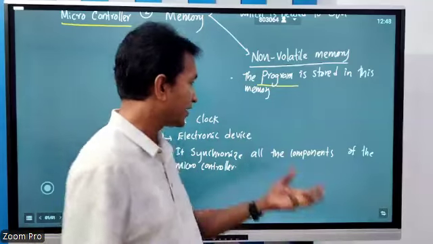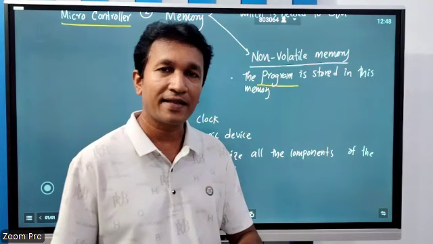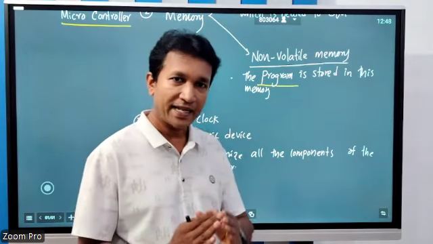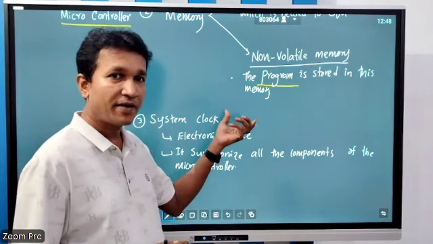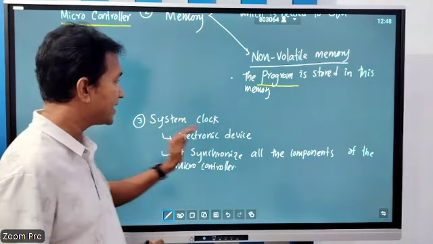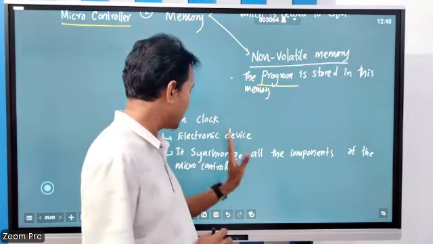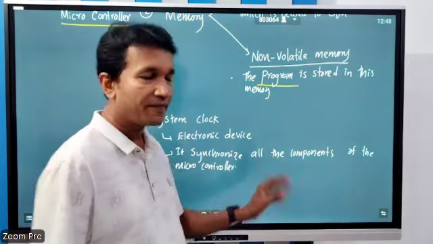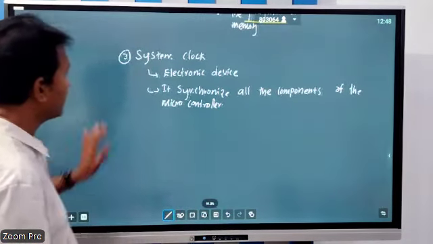It will ensure that all the components do their task at the right time. That is the purpose of having a system clock inside this microcontroller. It is an electronic device that synchronizes all the components of the microcontroller.